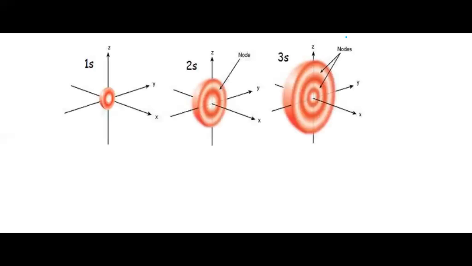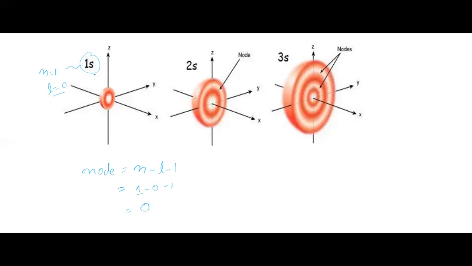Now we will move to the next. In this slide, we will calculate the number of nodes. We know the formula for the calculation of radial nodes: nodes = n - l - 1. So these are the radial nodes along the spherical area. For 1s, the value of n is 1 and the value of l is 0. So we place the values: 1 - 0 - 1 = 0.